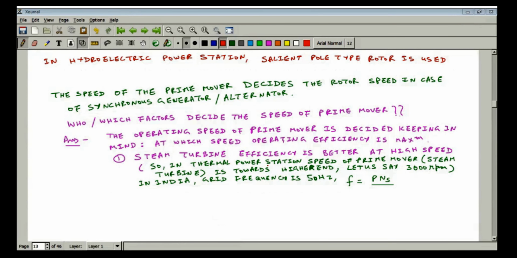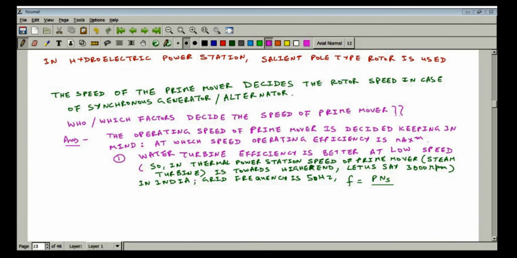Now here I have to replace the word steam turbine by water turbine. Water turbine is better at low speed. This is not at high speed, this will be at low speed, so I have to correct it.